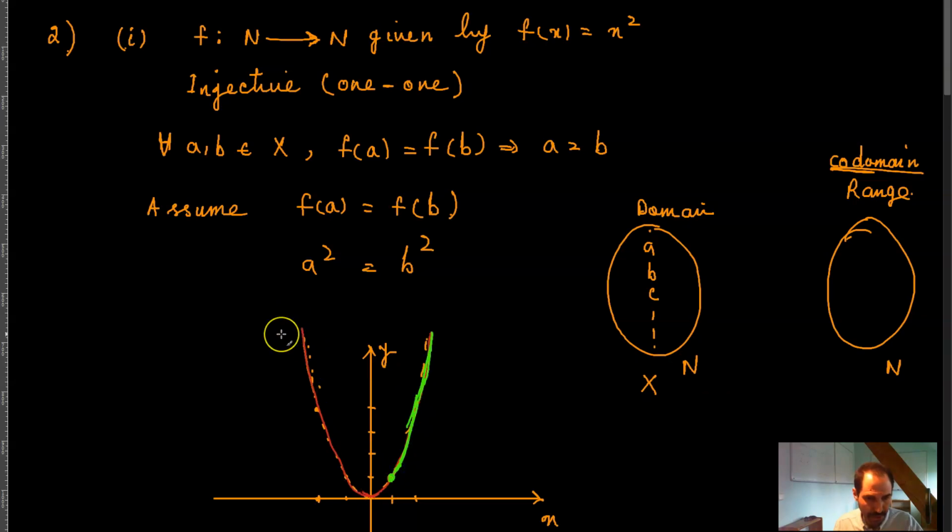Otherwise the rest of the graph is just not relevant, because these inputs are simply not a part of the domain of the function, right?